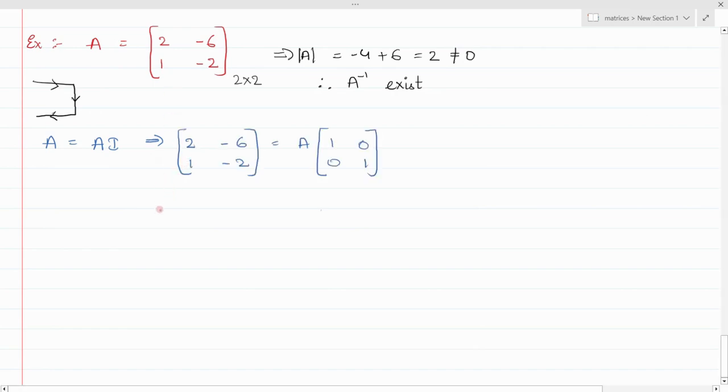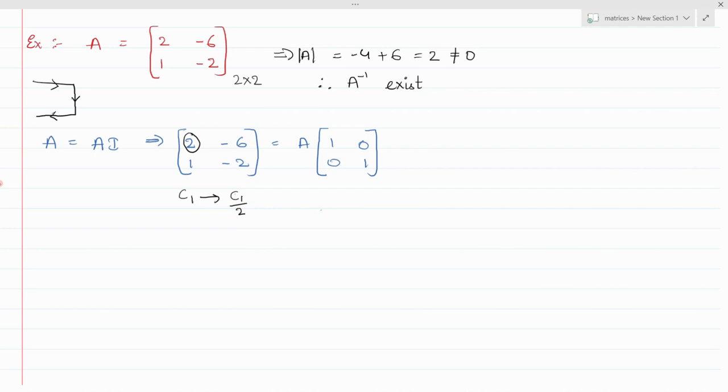Our first step is to convert this entry 2 as 1. So by using column transformation, how can we do this? C1 changes to C1 by 2.